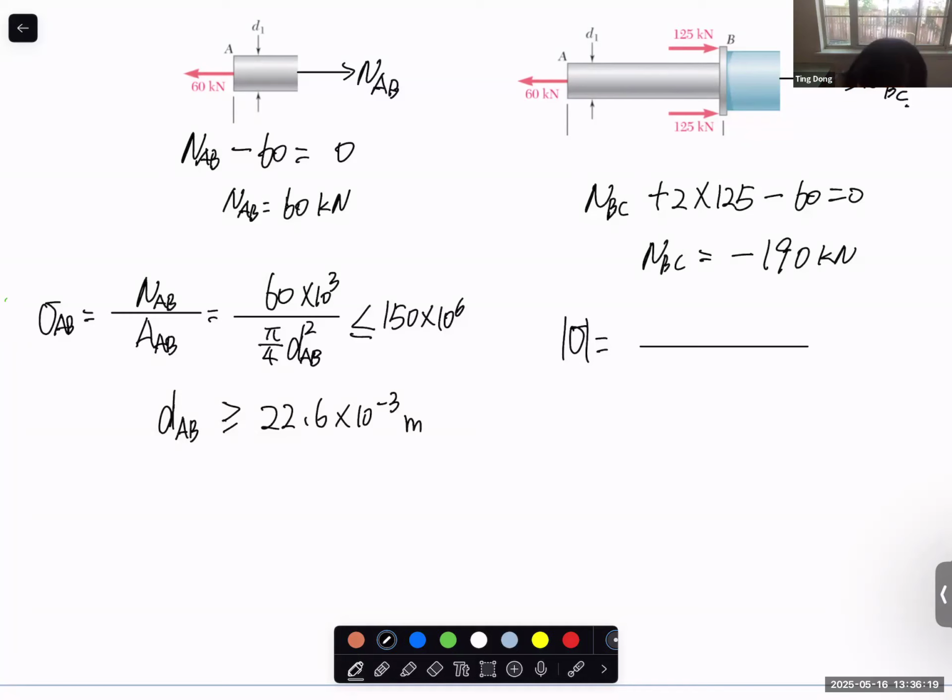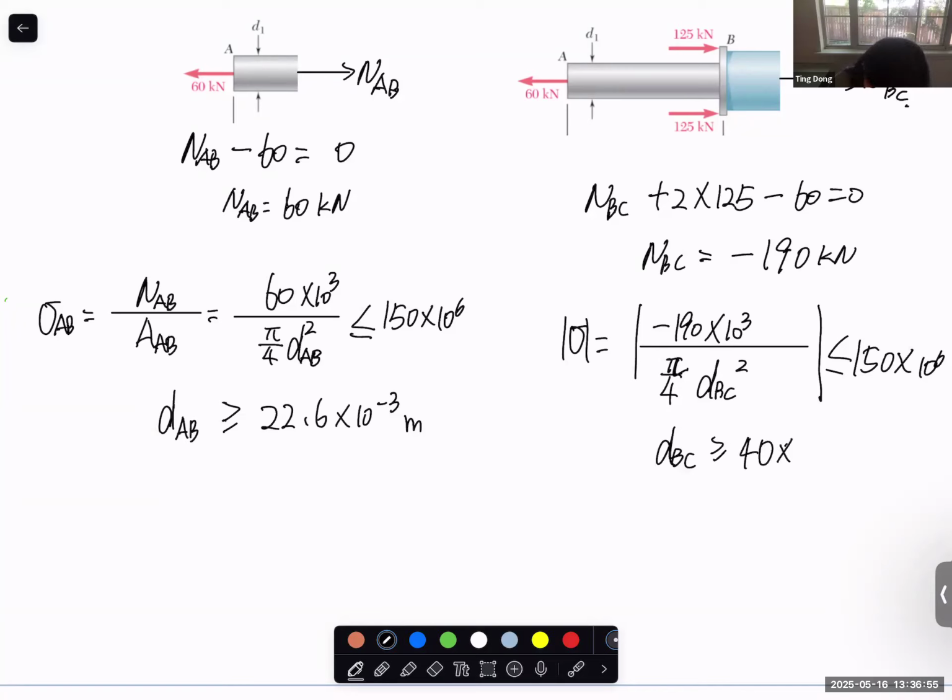Real situation may be different. The BC square, and this one should be lower than allowable normal stress. So the BC should be greater than or equal to 40.